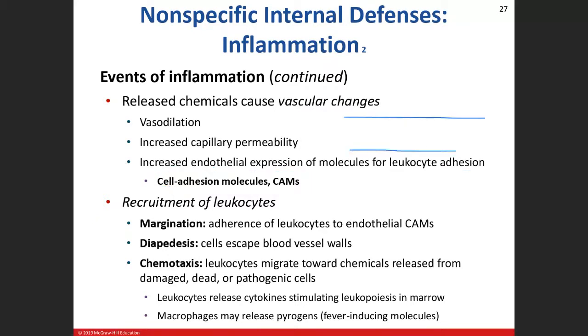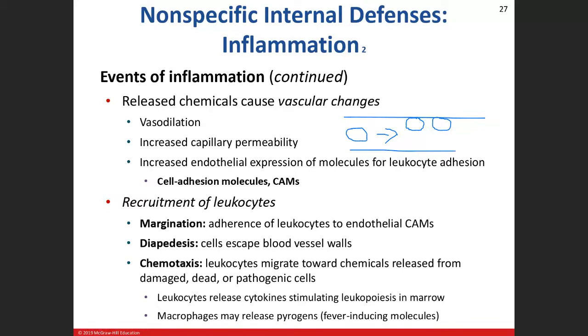Here are our cells moving down, okay? We need to get them towards the periphery. So we need them to go against the wall, the endothelium. So that process of getting the cells to go against the wall of the endothelium is called margination.